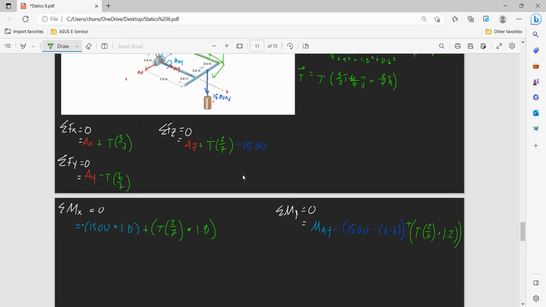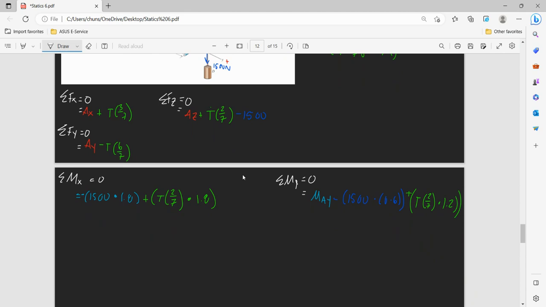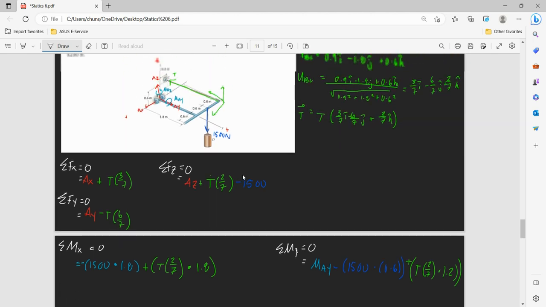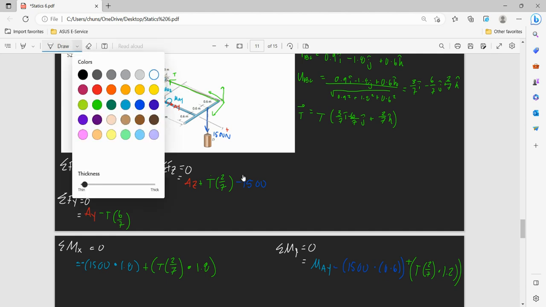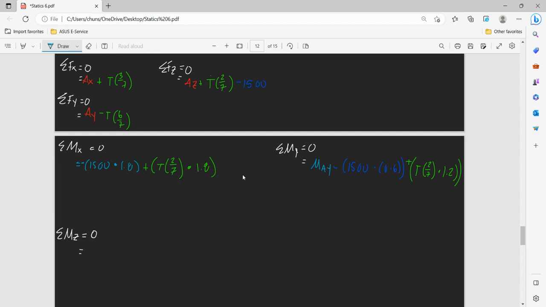All right, so for about our z, just going to leave some room here. We can't use any of our A reactions. We can use this moment about our z, so I'm going to write that in or else I will forget.